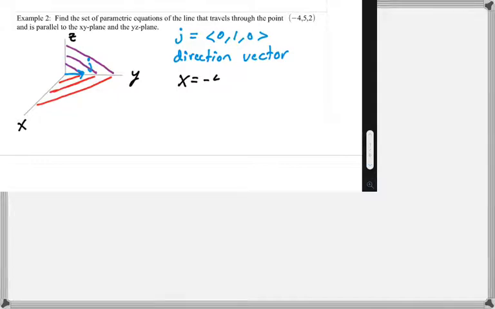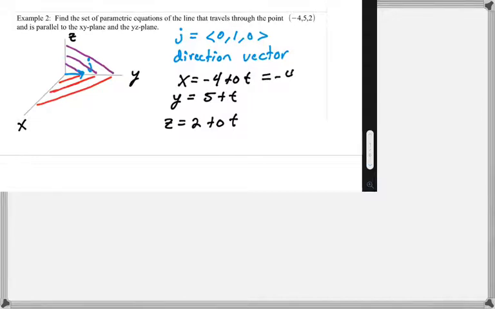Okay. So our set of parametric equations would be x is equal to -4 plus 0t, y equals 5 plus 1t, and z is equal to 2 plus 0t.